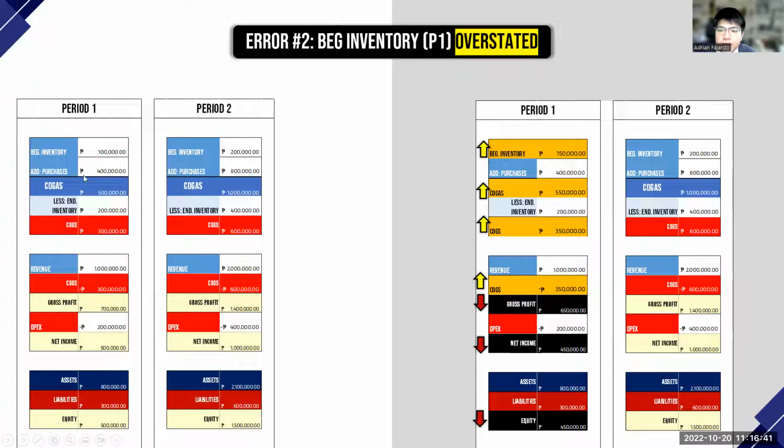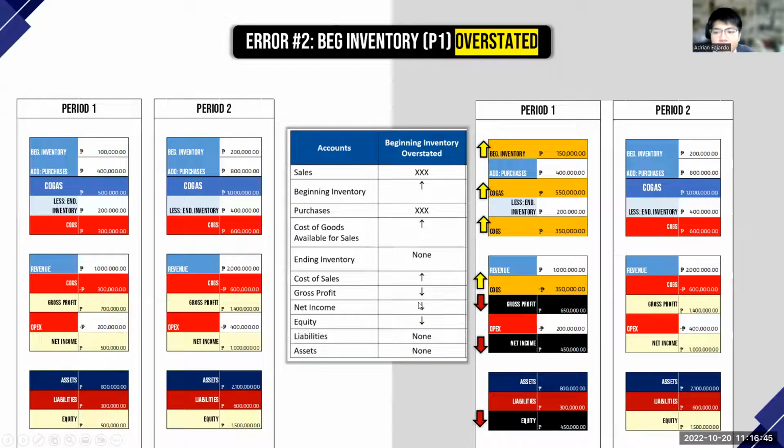So you can look at the figures and double check for yourselves, right? But generally, this is going to be the effect of a beginning inventory overstated. Now, the good thing about beginning inventory is that the mistake is contained in the period where you made the error.